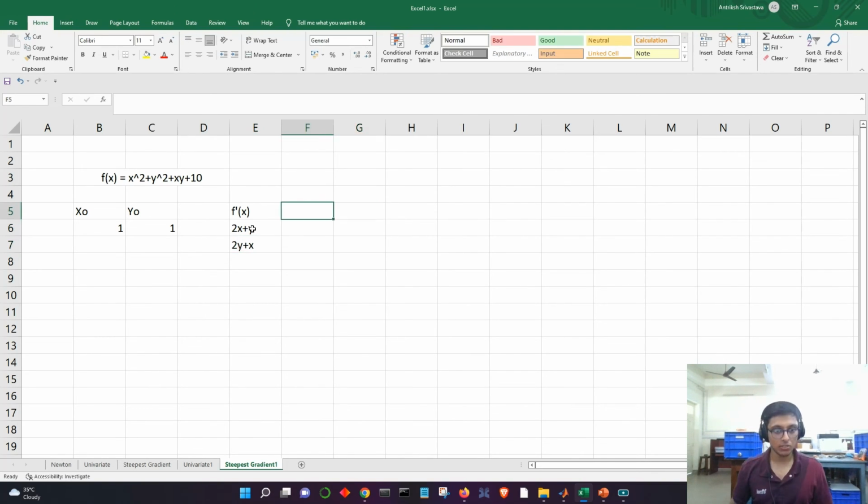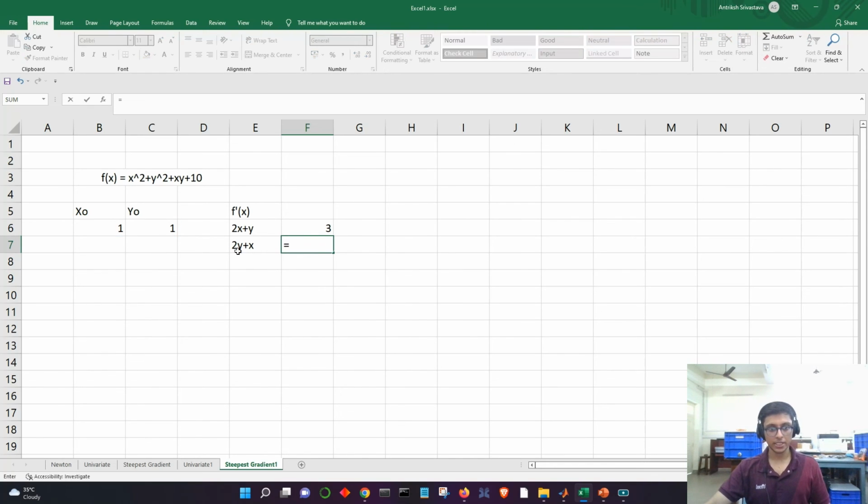Now we put the values of x naught and y naught in this particular equation, and we get the value. I am writing this so that I can drag this down and don't have to do it again and again. So here we are having 3.